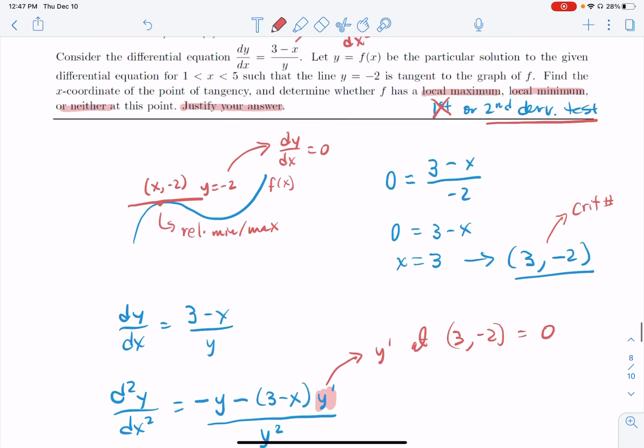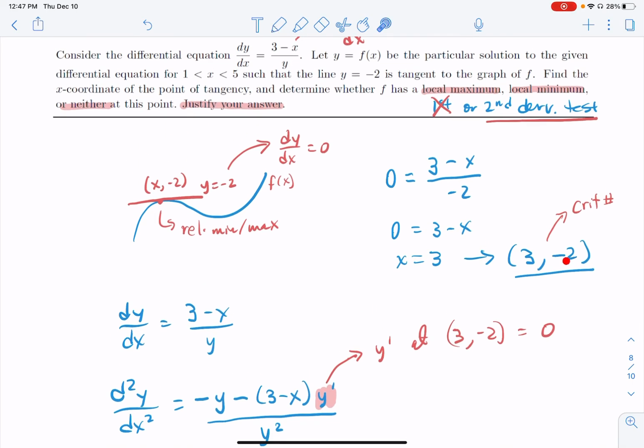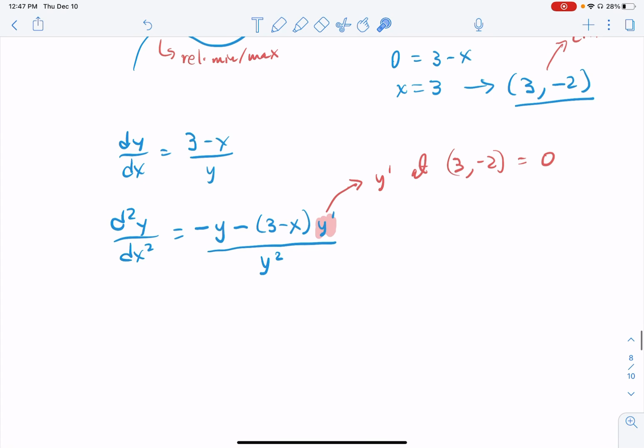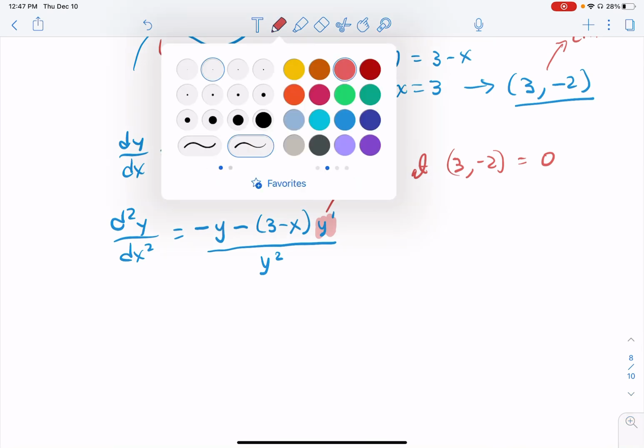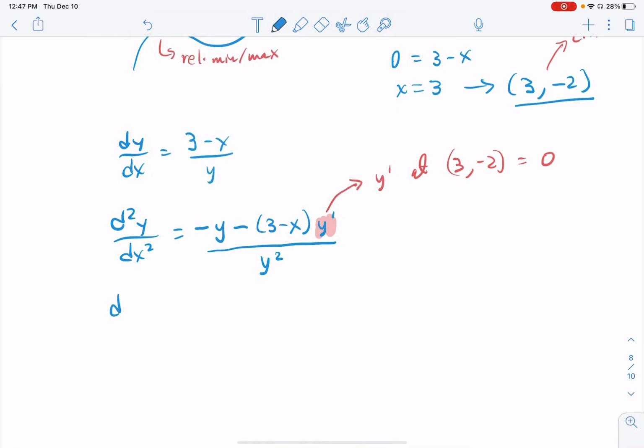Why is it equal to 0? Because that's exactly how we got this x value of 3 anyway. Remember this whole entire discussion, it was a horizontal tangent line. So now let's evaluate the second derivative such that (x, y) is equal to (3, -2).